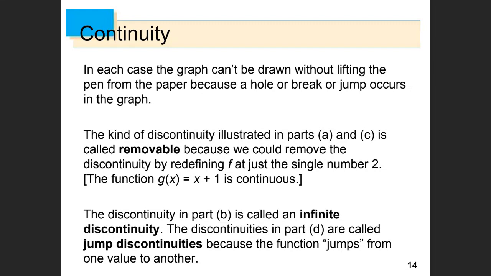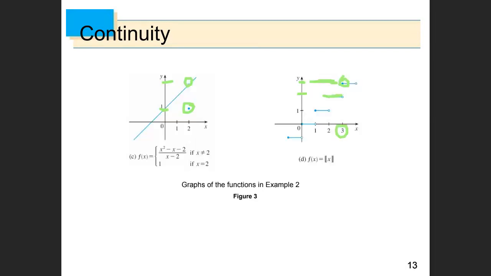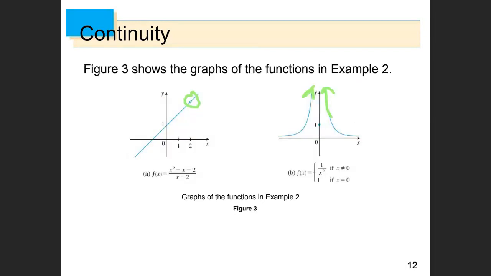So there are 3 things you should be able to do: find where a function is discontinuous, tell me what kind of discontinuity it is, and tell me how to fix that problem. We're going to do an example where I show you how to fix it. But how do we name discontinuities? Removable. I'm just going to go back so that we discuss this. We call this the first one.